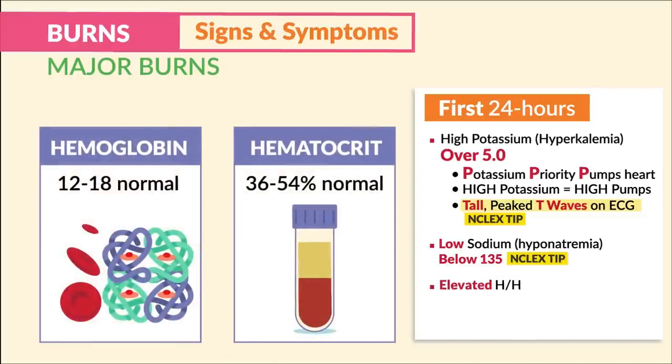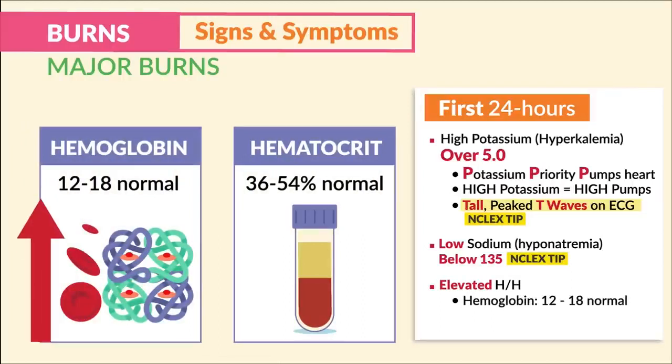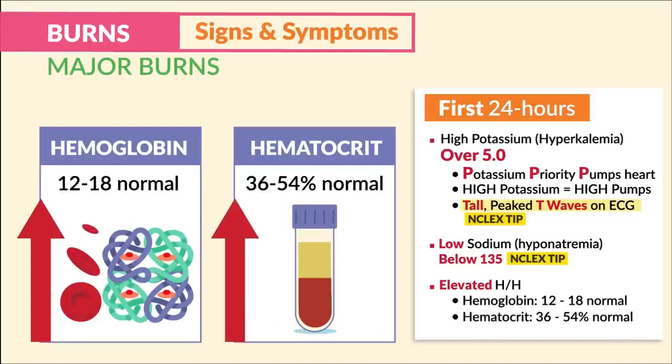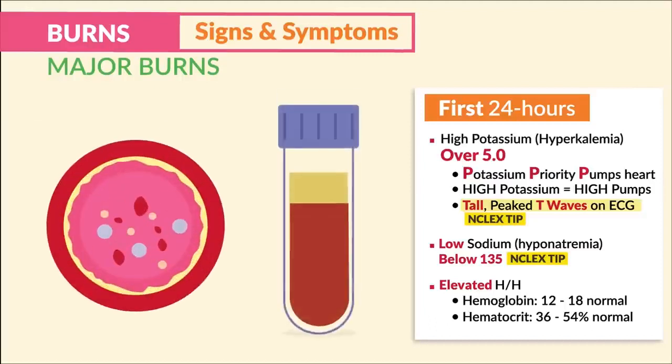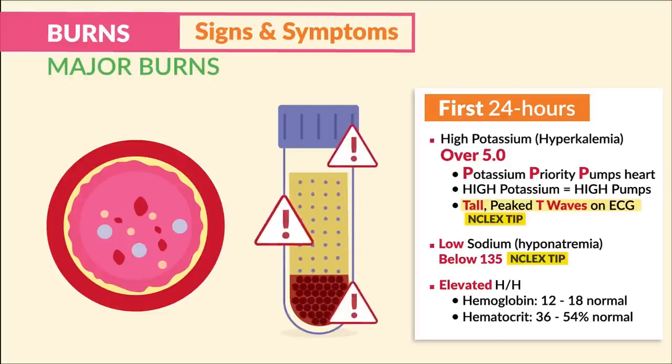Now lastly, elevated H&H. So we'll see a hemoglobin that is elevated, normally between 12 and 18, and hematocrit is normally between 36 and 54%. But naturally, both of these will be elevated due to the low blood fluid volume, that hypovolemia, making the remaining blood very thick and hemoconcentrated.